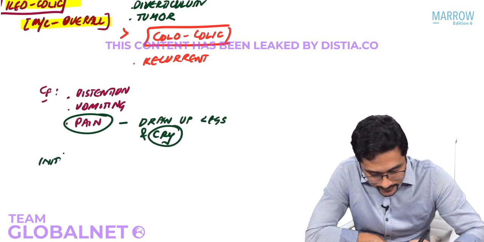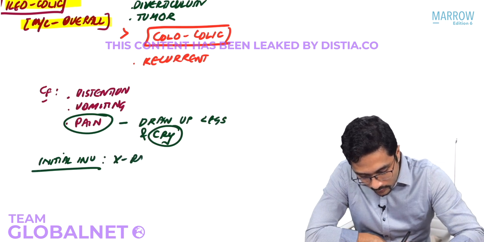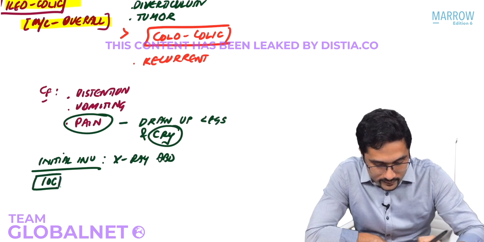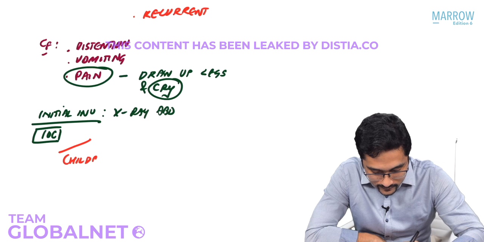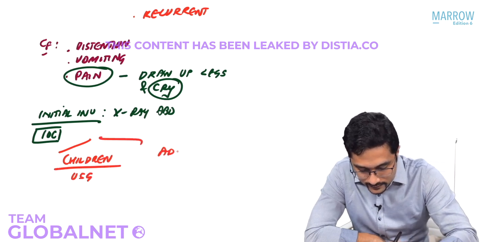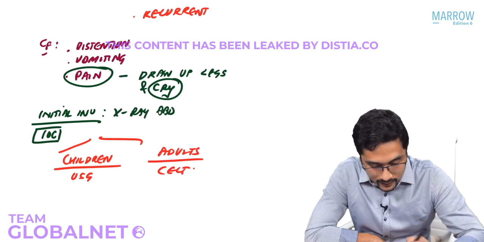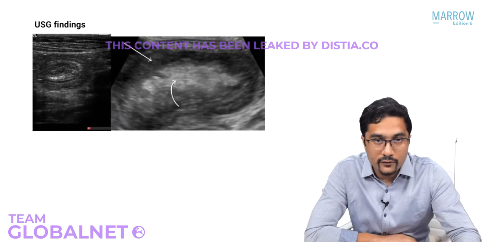The initial investigation is X-ray abdomen. And the investigation of choice, we know that in children it is USG, and in adults it is CECT. Right? Now, when an ultrasound is done in children, what are the ultrasound findings which you get?